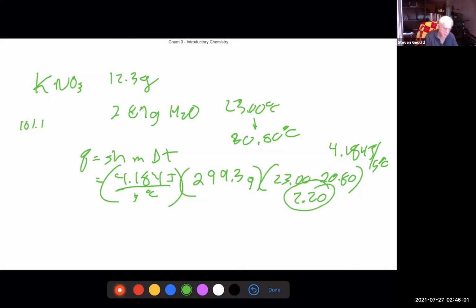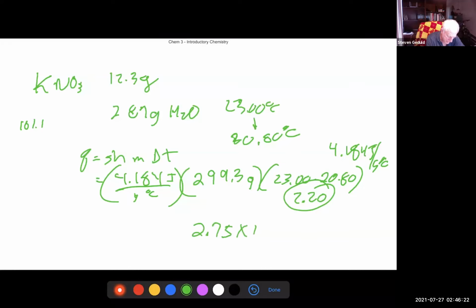So 4.184 times 299.3 times 2.2 comes out to 2.75 times 10 to the 3 joules of heat.